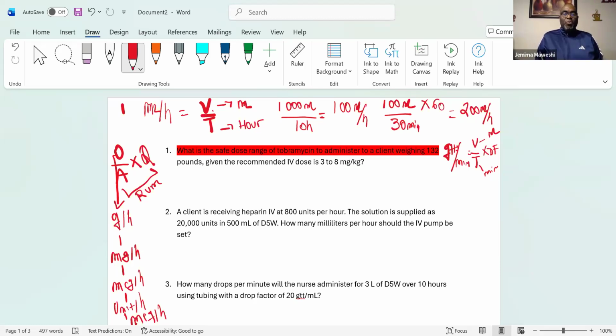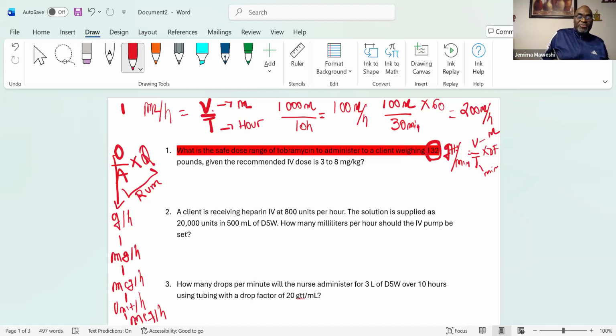In this question number one, they give you a safe dose range that goes from 3 milligram to 8 milligram, and they give you 132 pounds. So the question is, what is the safe dose range? Remember, range is two numbers. So the only thing we have to do is get your weight in kilogram, 132 divided by 2.2.